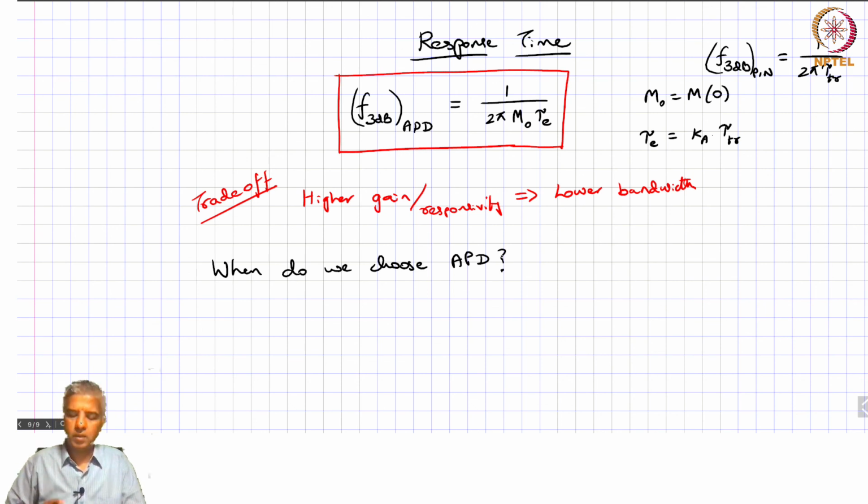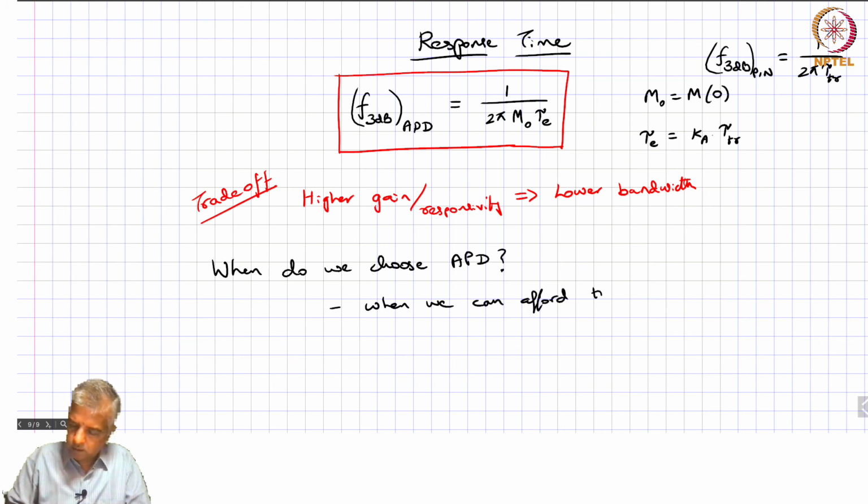We choose APD when we can afford to improve the signal.